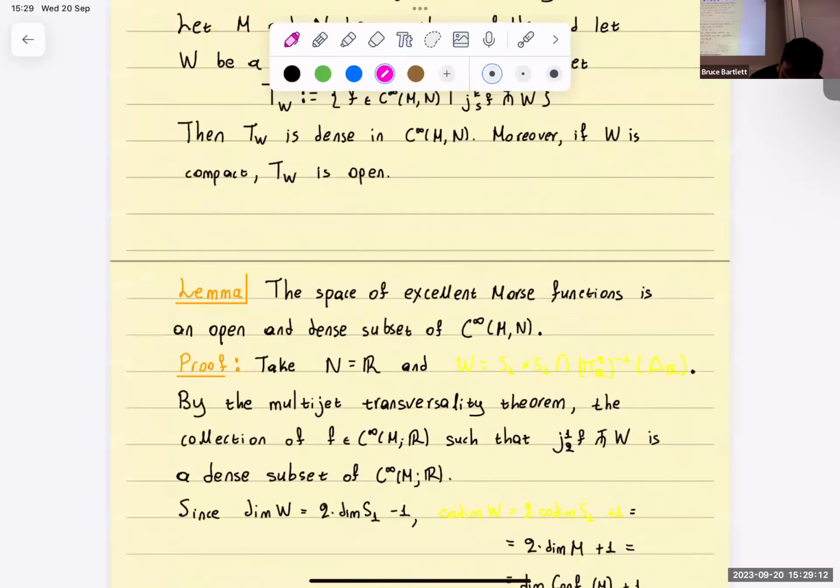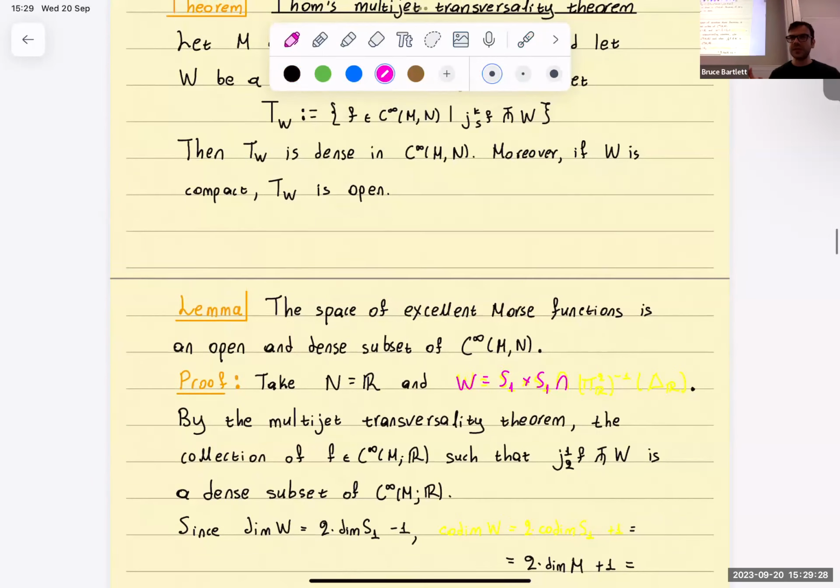W is going to be basically a subset of J1 cross J1, where the R coordinates in this tuple are the same.